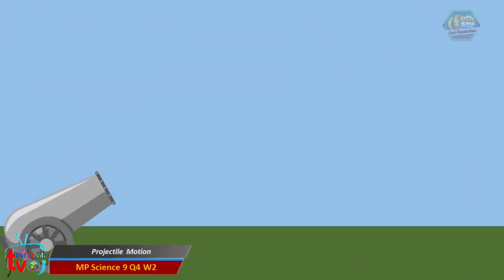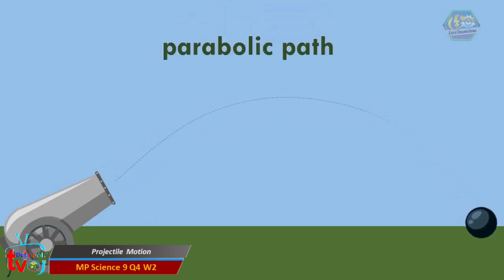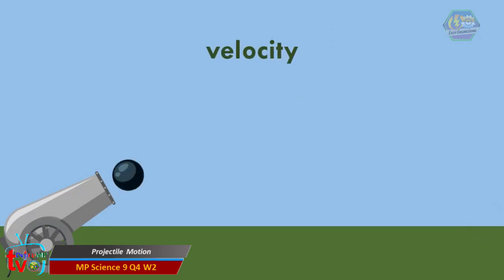Suppose you're firing a cannon at some angle. The cannonball will follow a parabolic path during its flight before it reaches the ground. We will try to understand the movement of the cannonball. First is its velocity. Initially, the cannonball has initial velocity. This initial velocity can be resolved into its x direction and y direction.